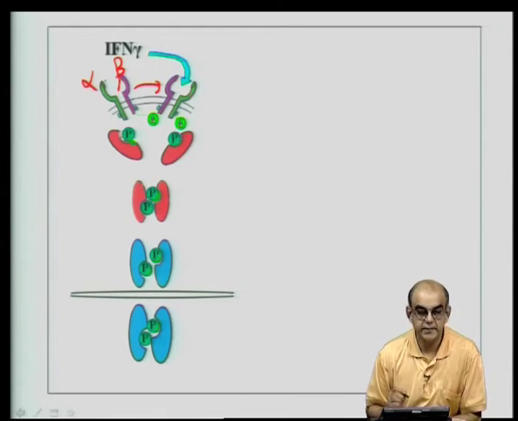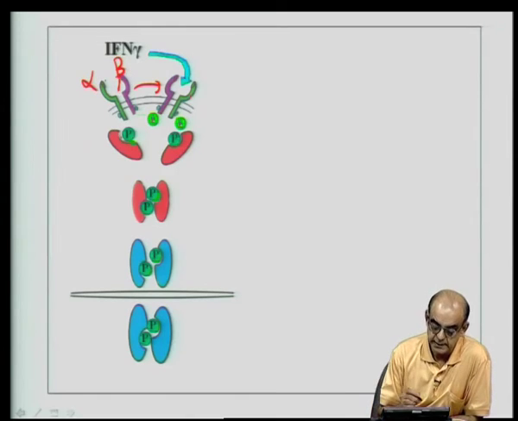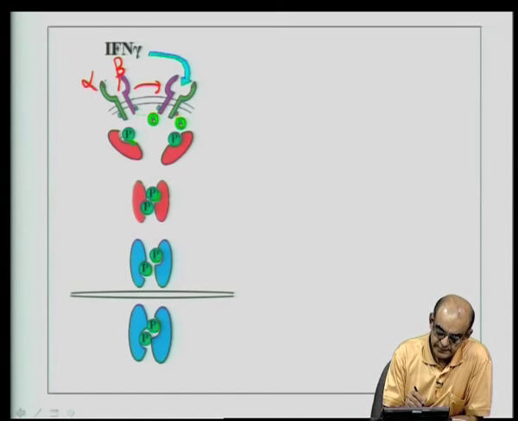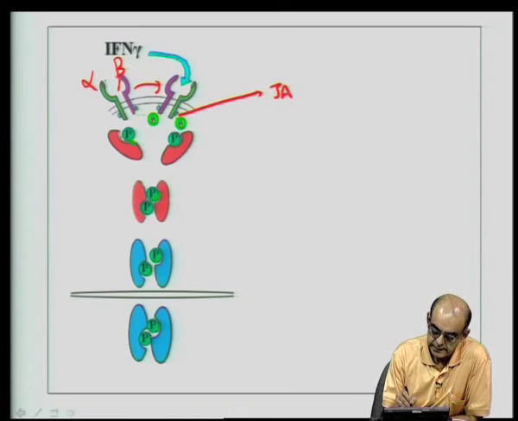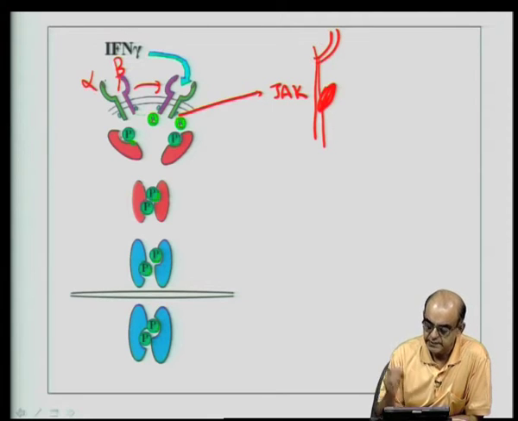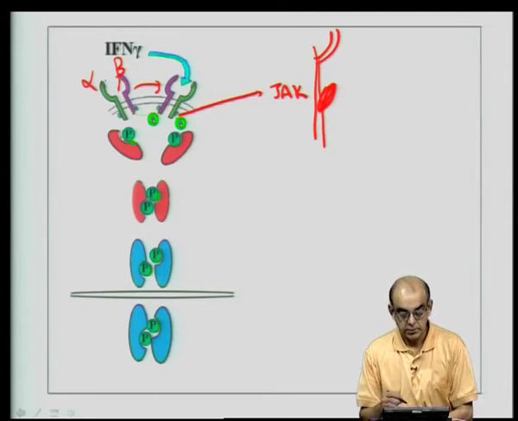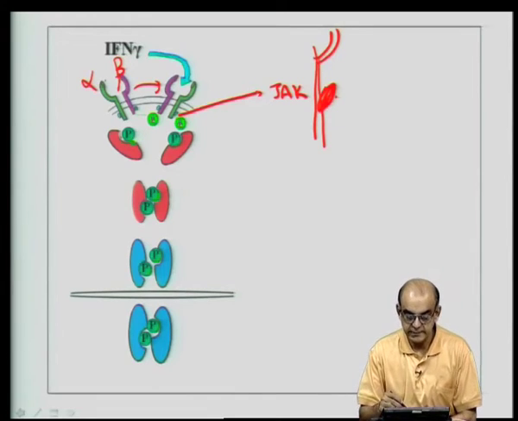This binding of interferon, as I told you in the previous slide, activates what you call the Janus activated kinase, which you see as a button there. So, you have the receptor over here. This is the Janus activated kinase. This binding event activates this kinase.